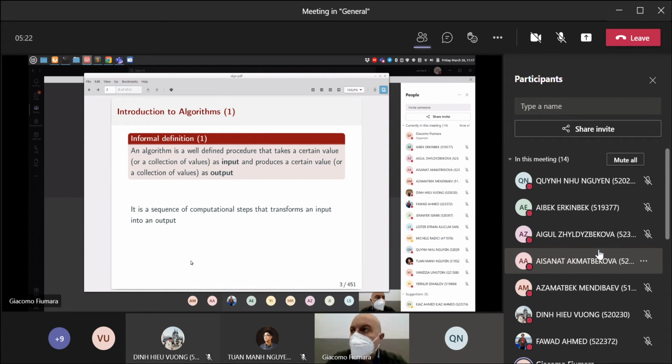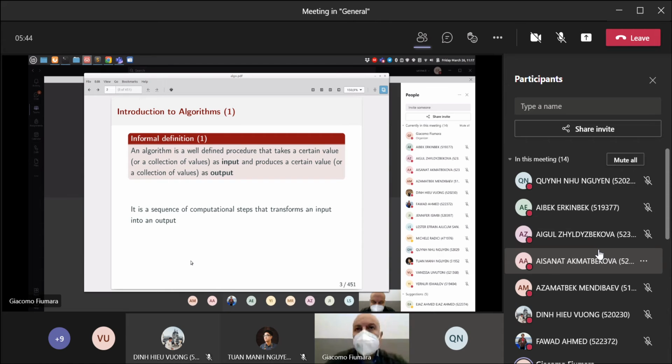So, an algorithm can be seen from a certain point of view as a black box in which we have some input, and something happens inside the box, and something can be obtained as output.